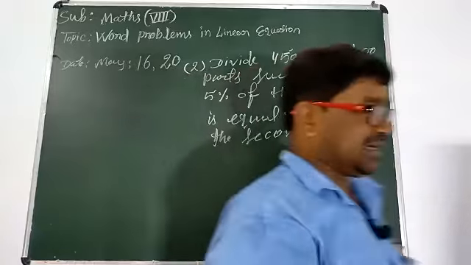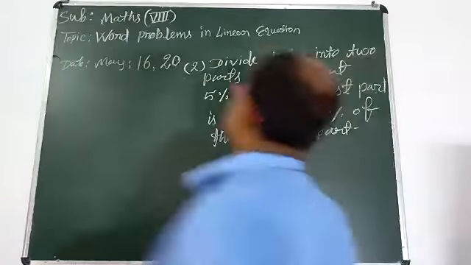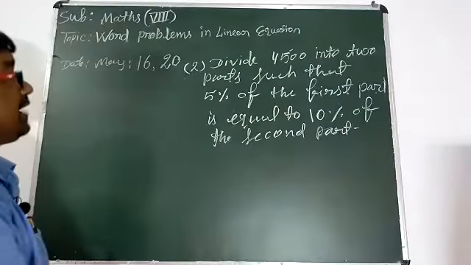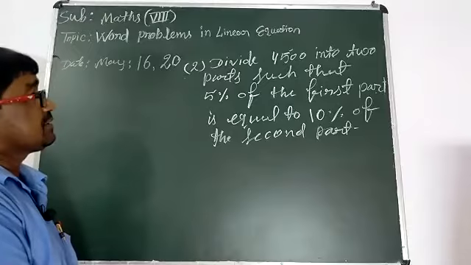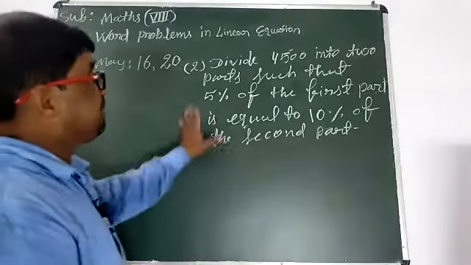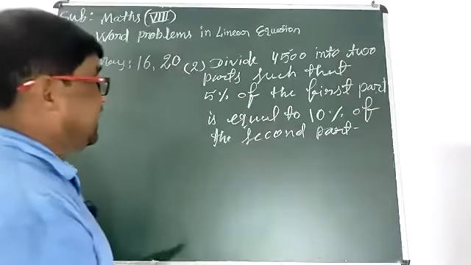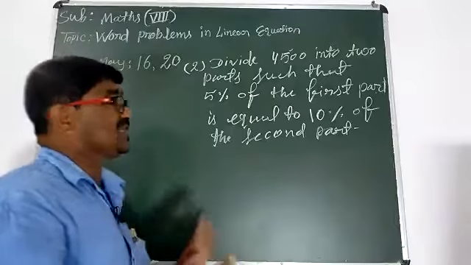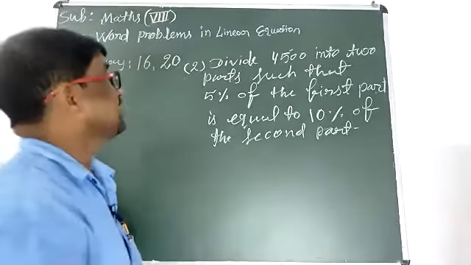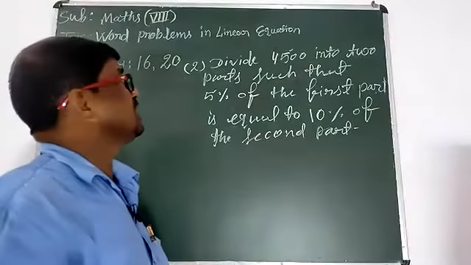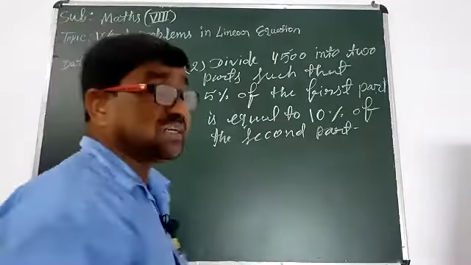This is the special condition. Divide 4,500 into two parts such that 5% of the first part is equal to 10% of the second part.